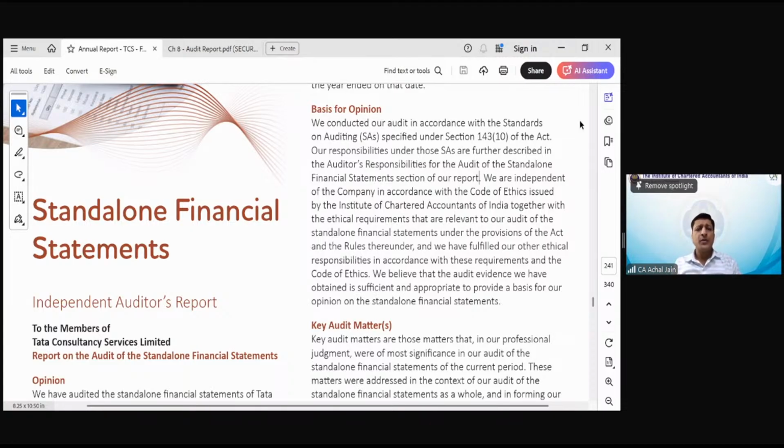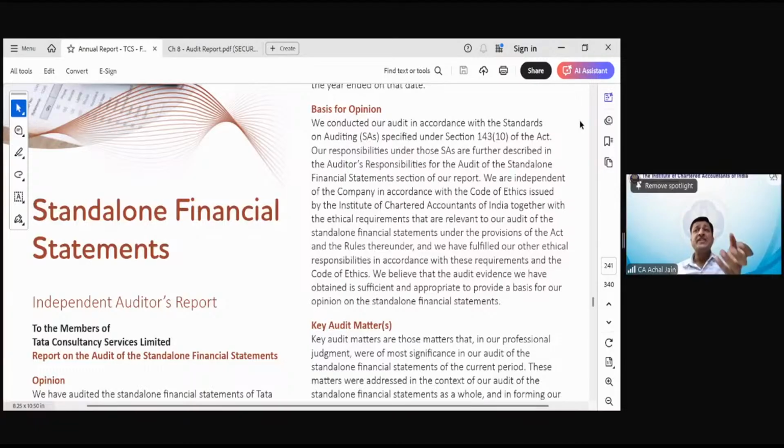Why? Because there is a section of the audit report wherein all of these responsibilities he has already explained in detail. So to avoid duplication, he is giving reference to that section in the auditor's report. When we move on, you will see there's a separate section on the auditor's responsibility.